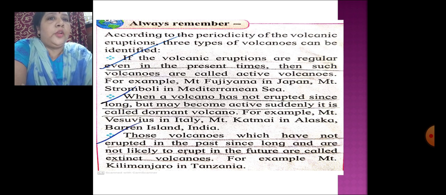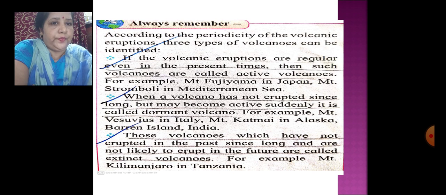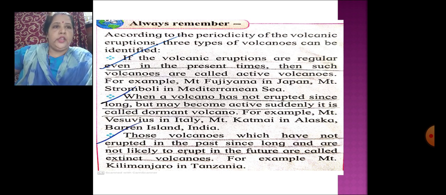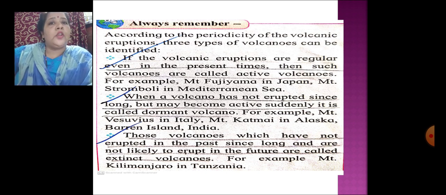Now let's talk about some facts. Nice facts about the volcano. According to the periodicity of volcanic eruption, three types of volcanoes can be identified. First one: if the volcanic eruptions are regular even in the present times, if the volcano erupts again and again, such volcanoes are called active volcanoes.